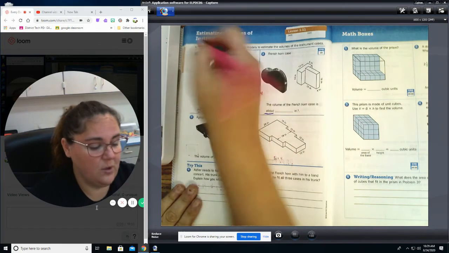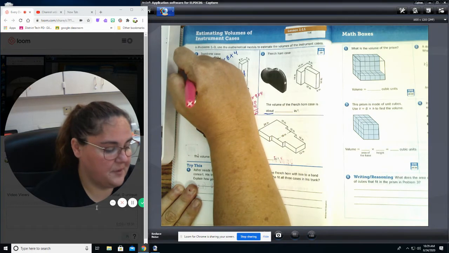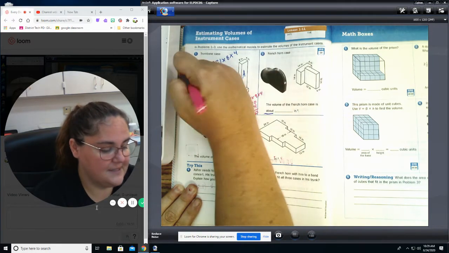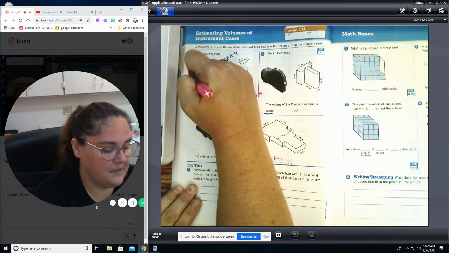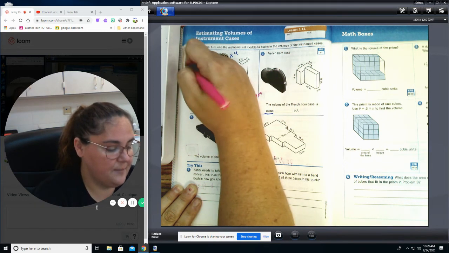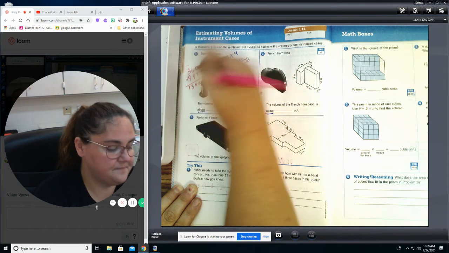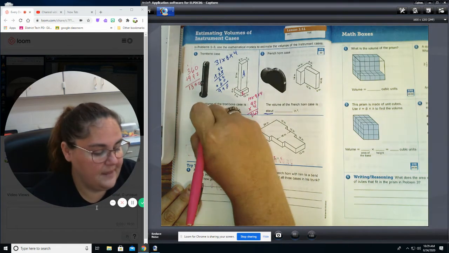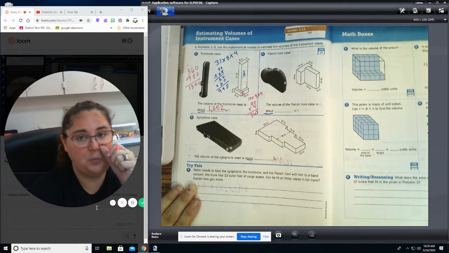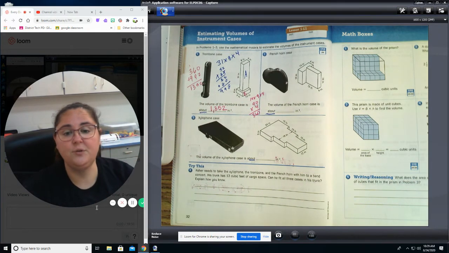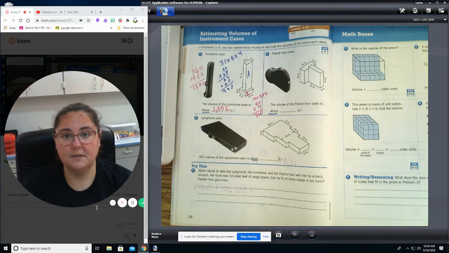So then we're going to add 360 plus 992: 2 plus 0, 9 plus 6, 9 plus 1 plus 3. It's about 1,352 inches cubed. That's how you do these problems.